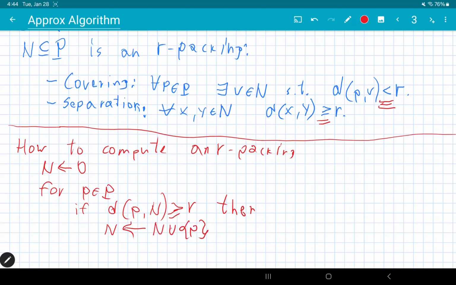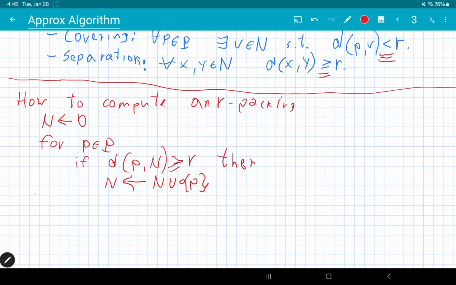And that's it. And we return the packing we computed.